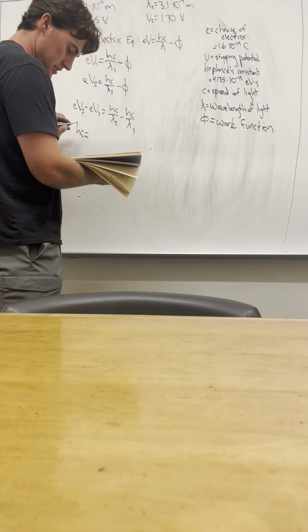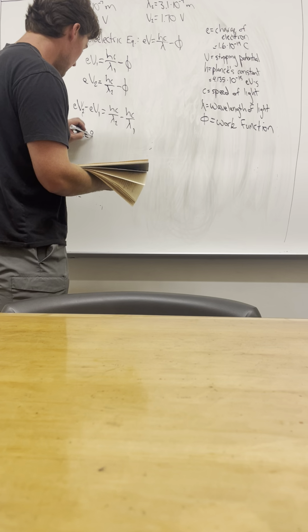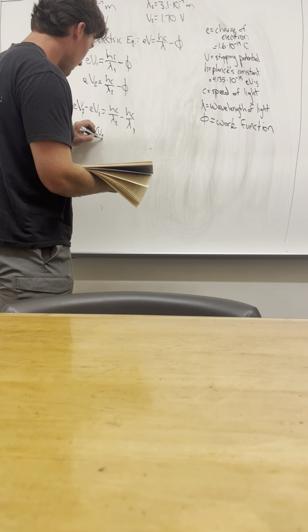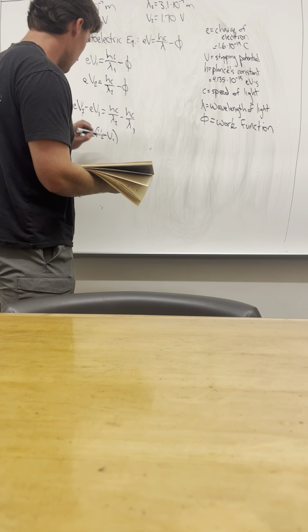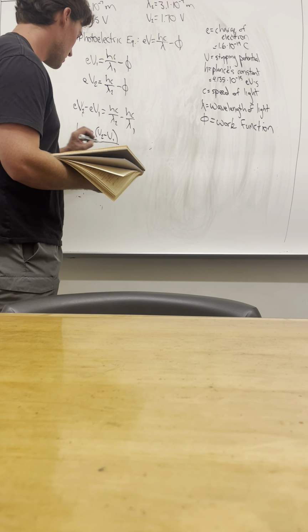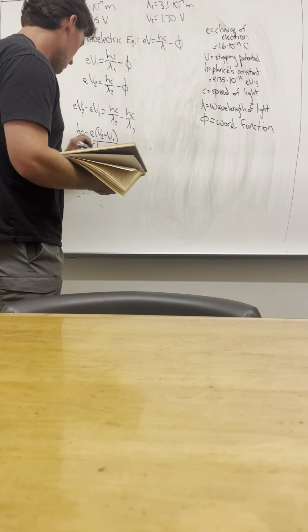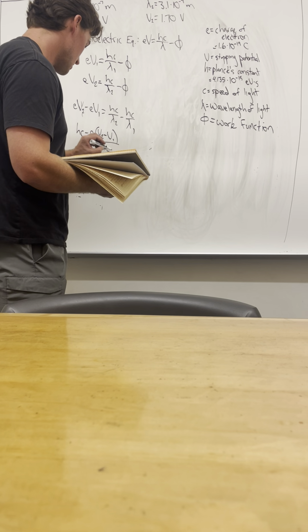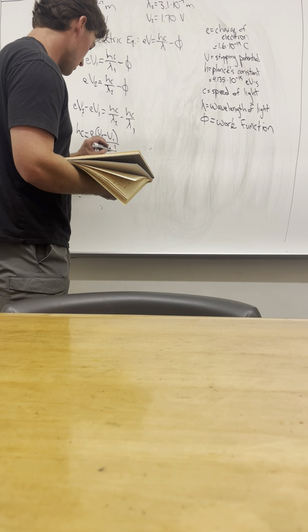We have hc equals e times (V2 minus V1), just merging these together, over 1 over lambda 2 minus 1 over lambda 1.